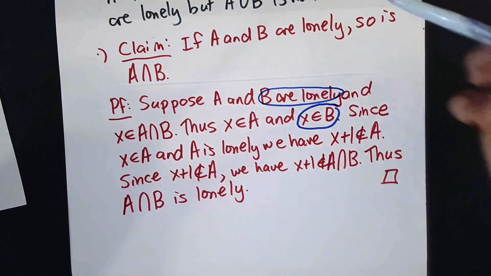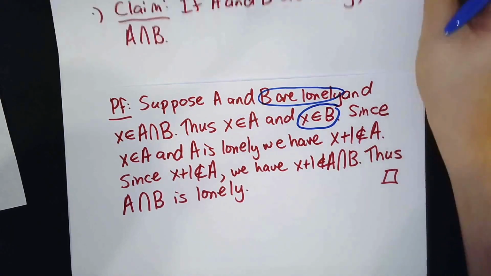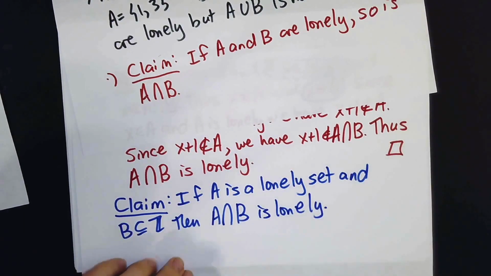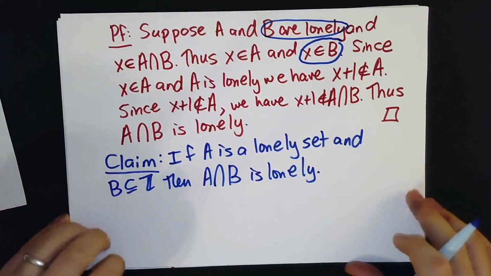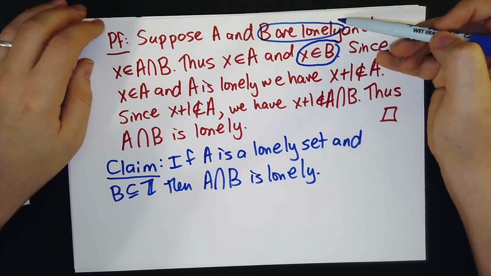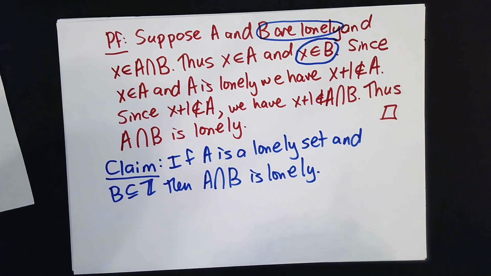So in fact, although this is what I was asked, and I did prove it, it's actually true that something much bolder is true. If you just literally read the proof above, and just take out this piece about B being lonely and the suppositions, you get a proof of this claim, which is that if A is a lonely set and B is any set, then A intersect B is lonely. Okay, and so in fact, that's true. It's a much stronger statement.